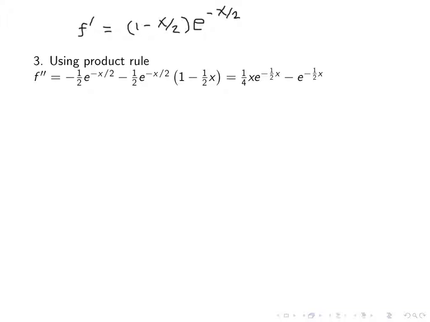So from the previous step, we have f prime equals 1 minus x over 2 times e to the minus x over 2.